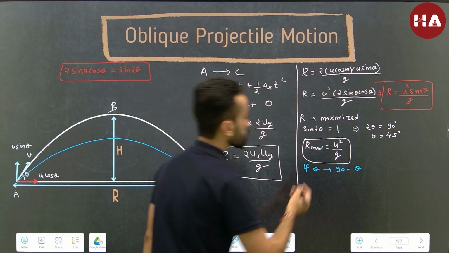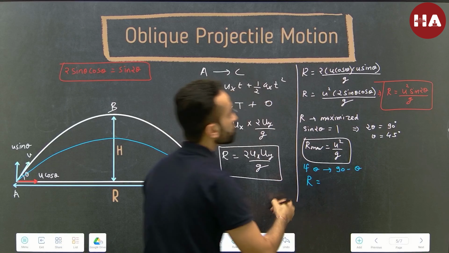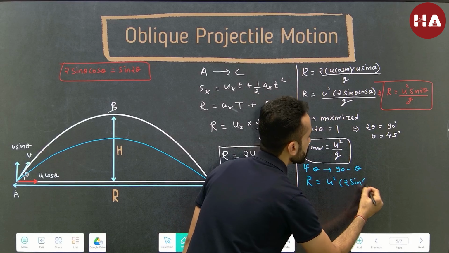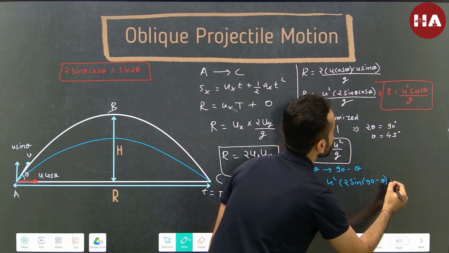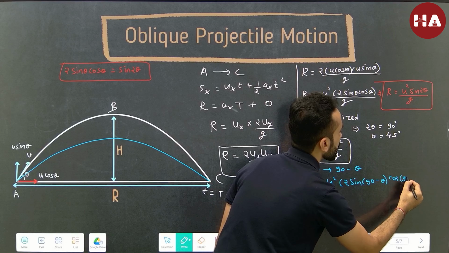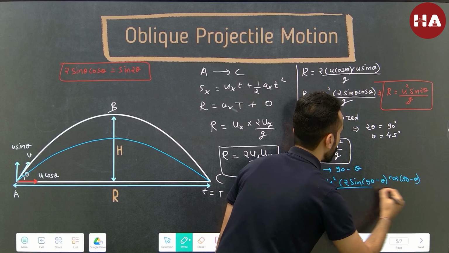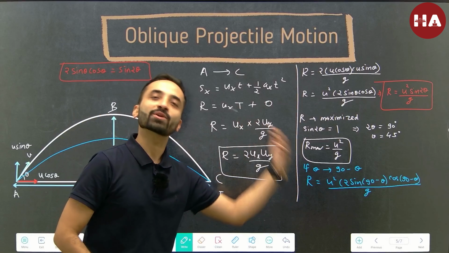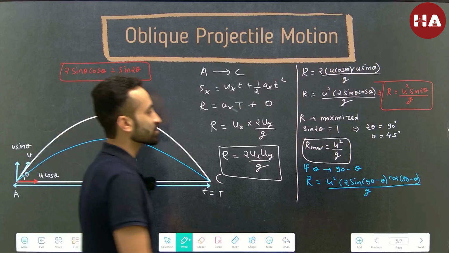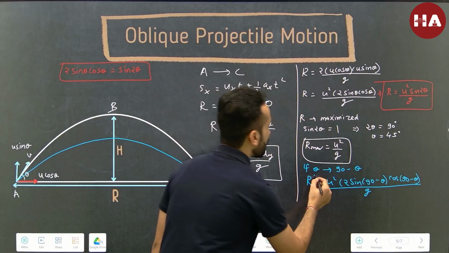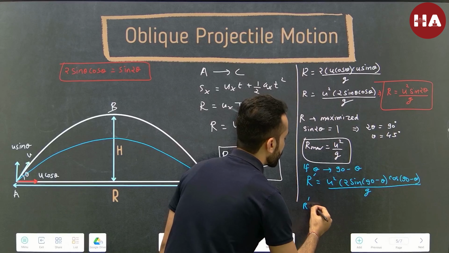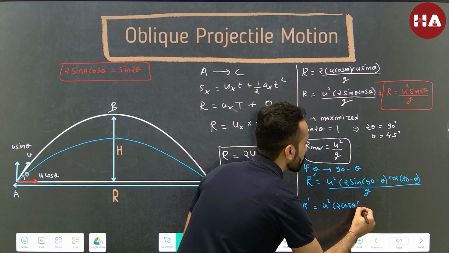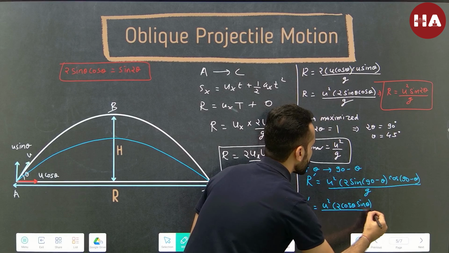In that case, the new range is going to be u square 2 sine 90 minus theta into cos 90 minus theta over g. And as you know, sine 90 minus theta is going to be cos theta, and cos 90 minus theta is going to be sine theta. Let's call this R dash, the new range. Then you would realize that the new range is going to be the same.